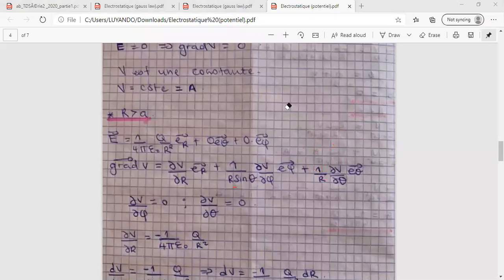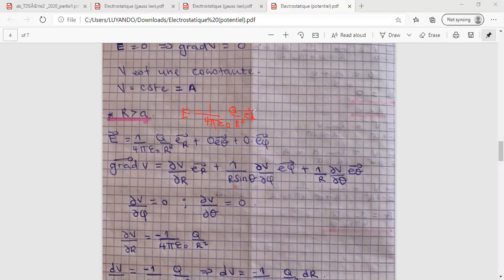Our value for the exterior, our E, was equal to 1 over 4 pi epsilon 0, q over r squared in the direction e_r. This was our field in the exterior.